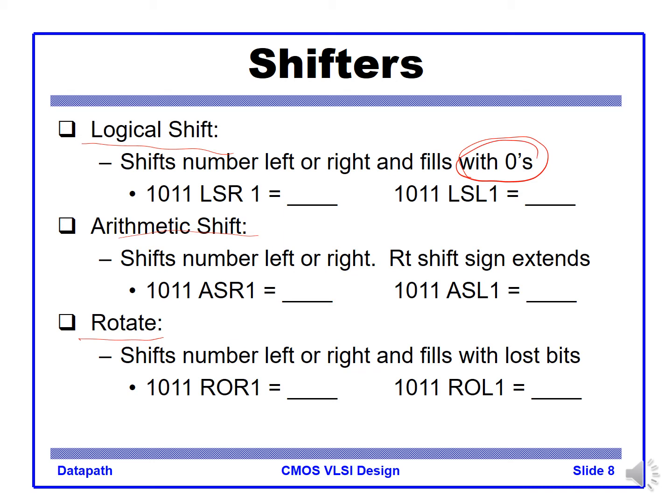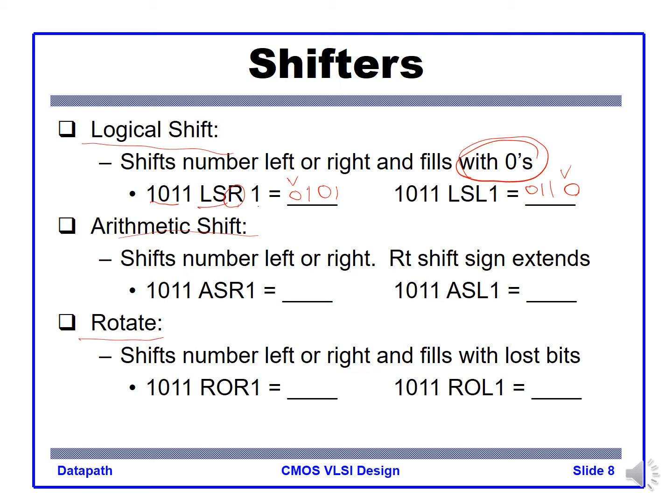For example, logical shift right: the shift to the right of 1 0 1 0 1, right? So to the right, the empty bit is filled in with 0. Logical shift to the left gives 0 1 1 0, filling with 0.